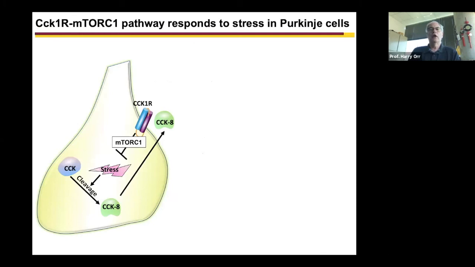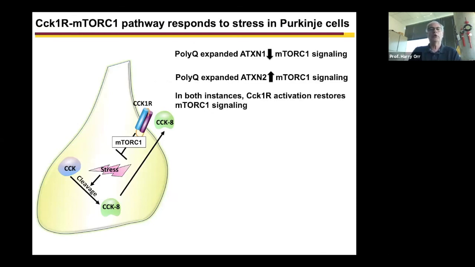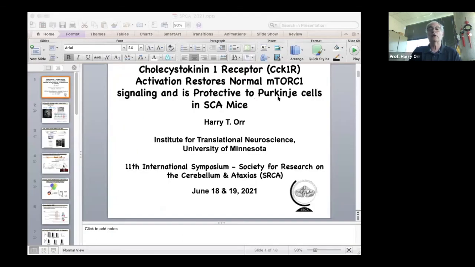adverse effects. So in summary, our results indicate that in Purkinje cells, there's this pathway that involves CCK cleavage to CCK8, we speculate, and then subsequent autocrine activity of the CCK1 receptor and, through mTOR signaling, enabling the cell to respond more effectively to various stressful conditions, such as polyglutamine-expanded ataxin 1 or ataxin 2.